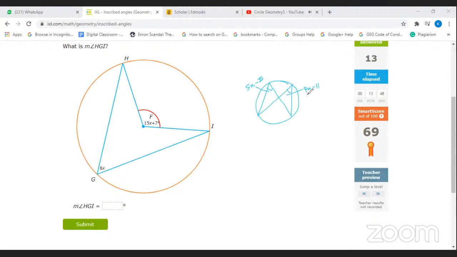This is 4x minus 11. So find the value of x.